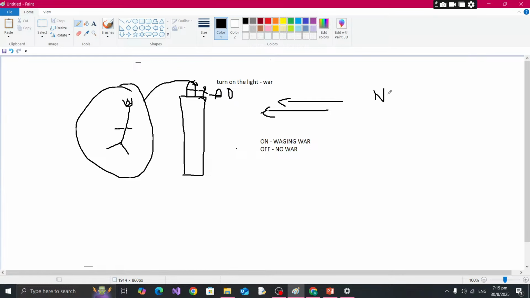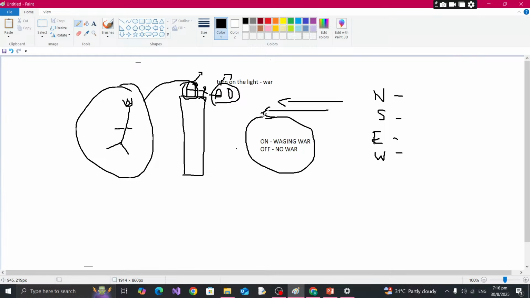If the enemy is coming from the north, you turn on both lights. If the enemy is coming from the south, you don't turn on either light. These two are direction lights. If the enemy is coming from the east, turn on the left light and turn off the right light. If the enemy is coming from the west, turn on the right light and turn off the left light. So next time they can convey both whether they are coming for a war and from which direction they are coming.